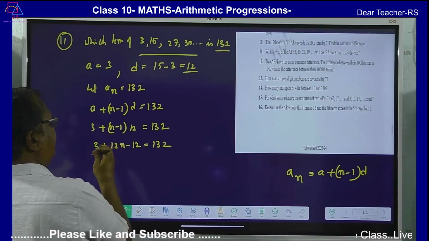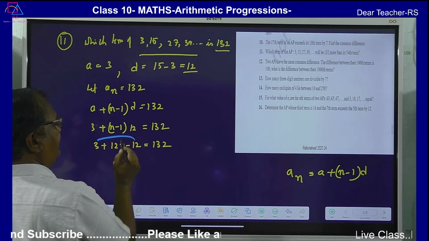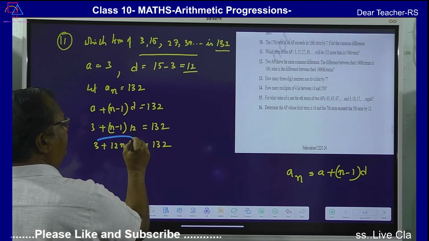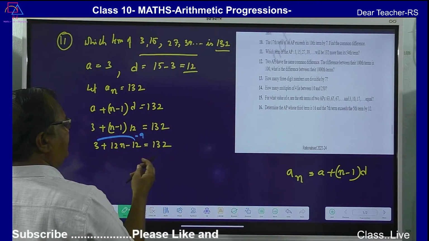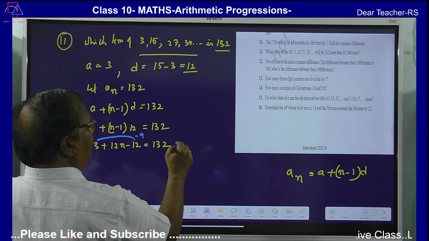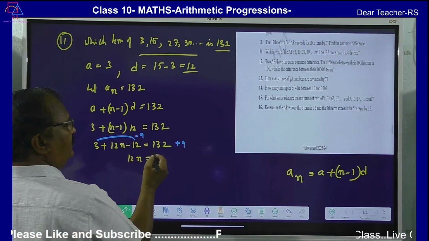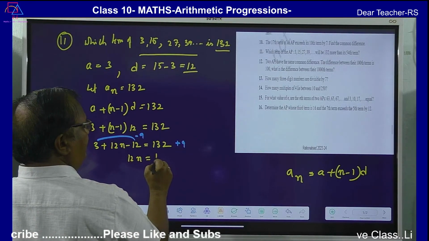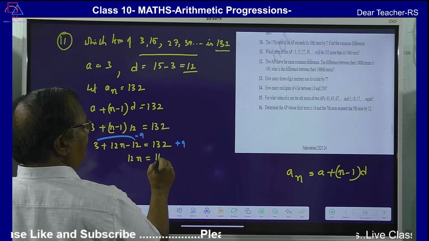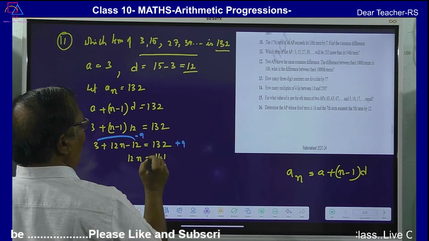So 3 minus 12, both numbers, it will become minus 9, it will go to that side, it will become plus 9. Then 12n is equal to 132 plus 9, 141.